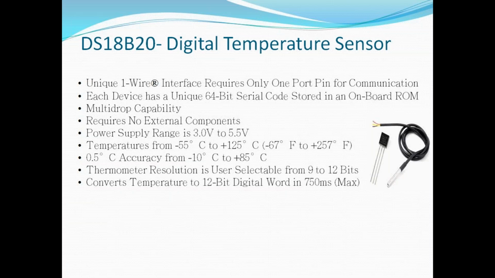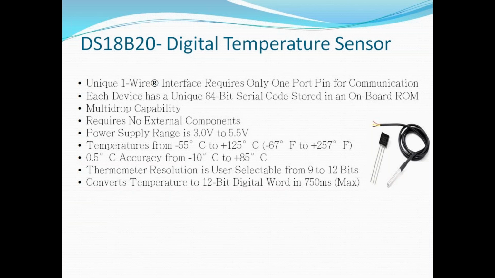But if we have to find the temperature of a human body or an animal body, we must use the DS18B20. Why? Because the DS18B20 has a probe-type structure, so it can be used as a probe and it is waterproof. That's why you can go with the waterproof DS18B20.